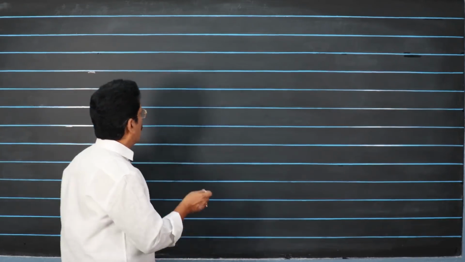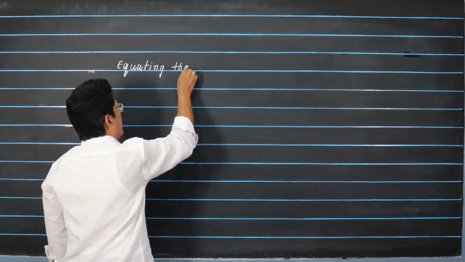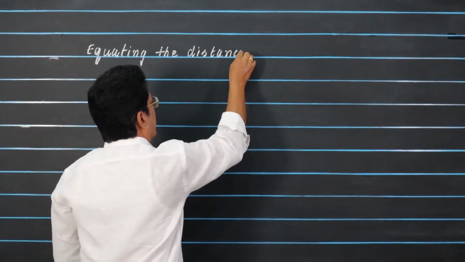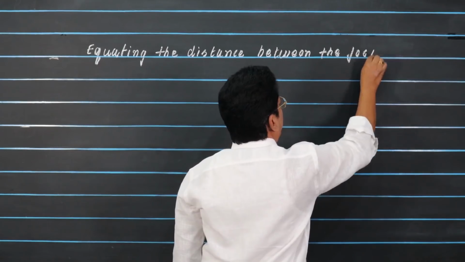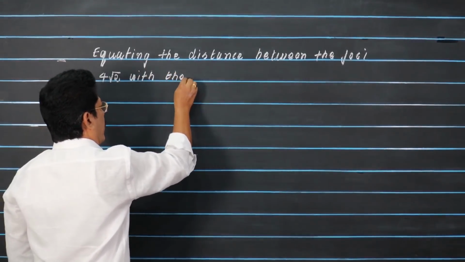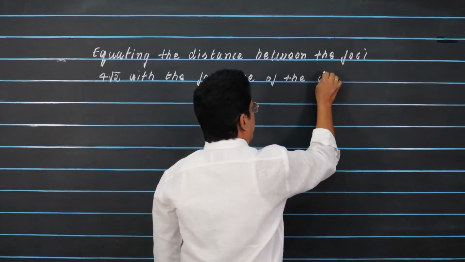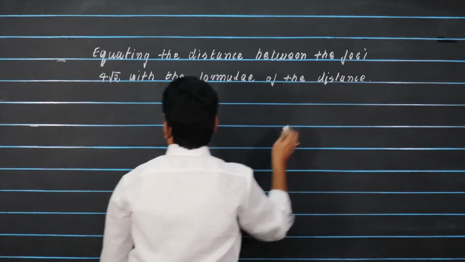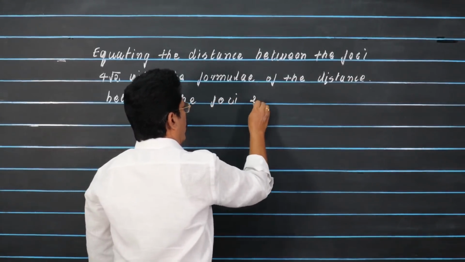Equating the distance between the foci, 4 root 2, with the formula of the distance between the foci, 2ae.